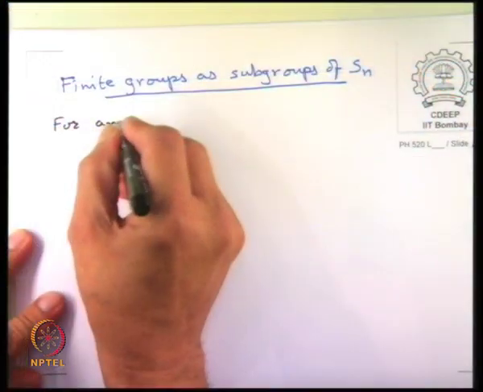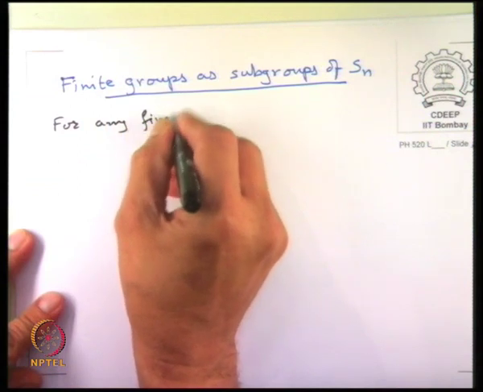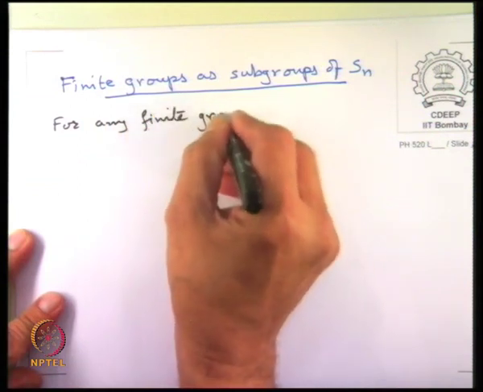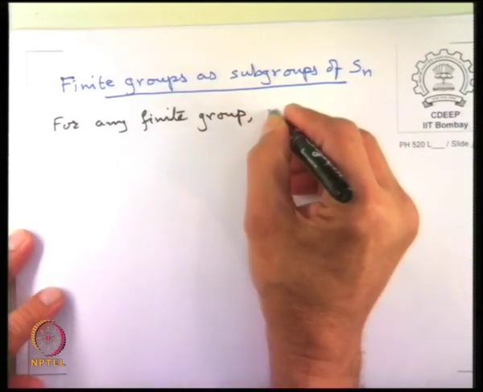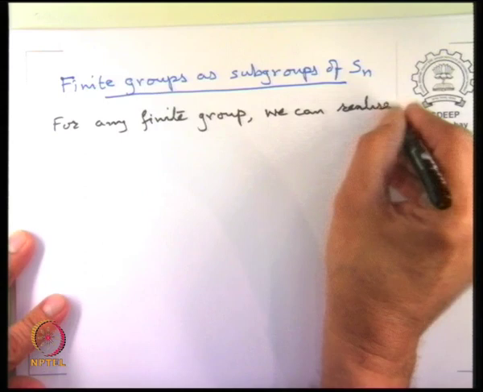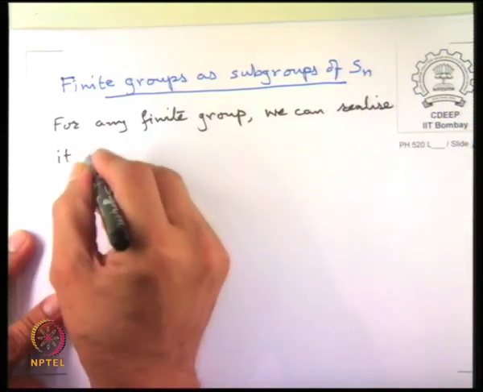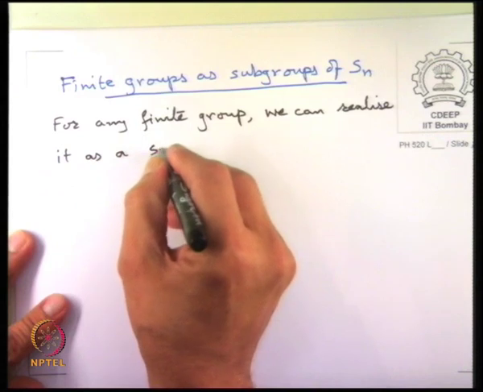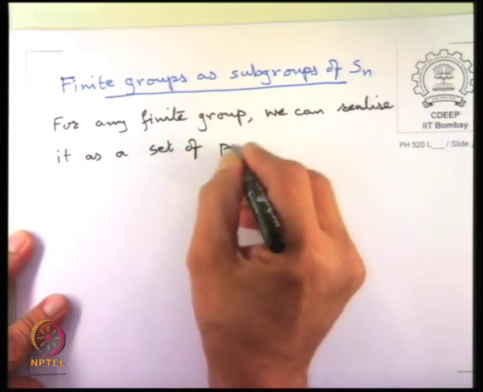First we can show that we can write out the elements of any finite group as a permutation. Okay, so the first statement is we can realize it as a set of permutations.